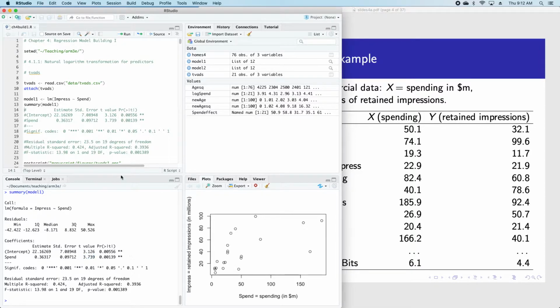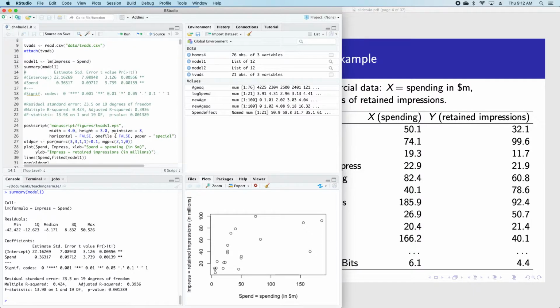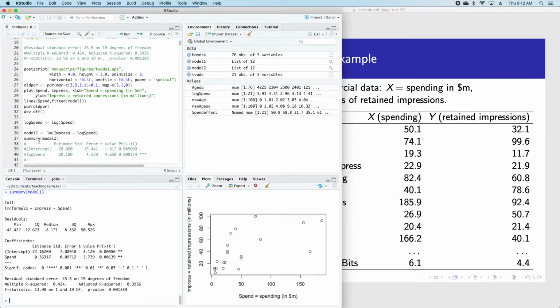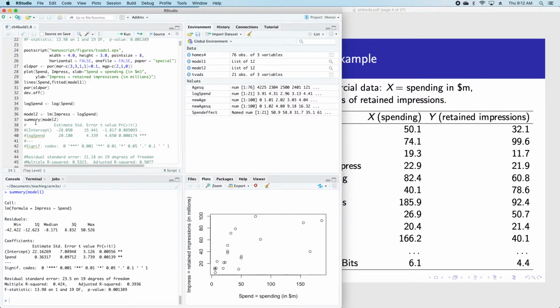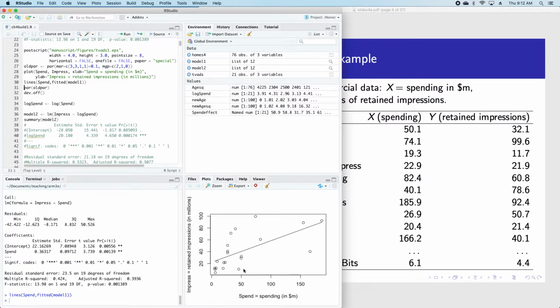Okay, so can we do better by using a transformation? Actually, before I do that, let me just add the regression line for that first model to this graph so we can see what it's doing. Okay, and I don't think that's doing a very good job of tracking the trend in the data.